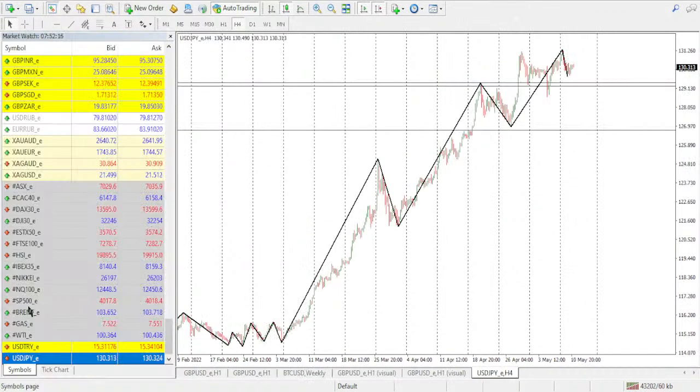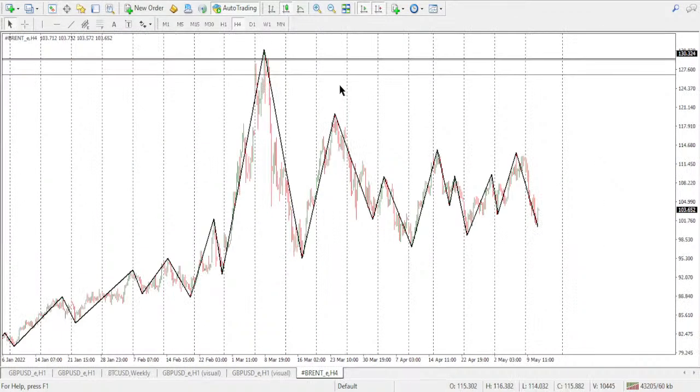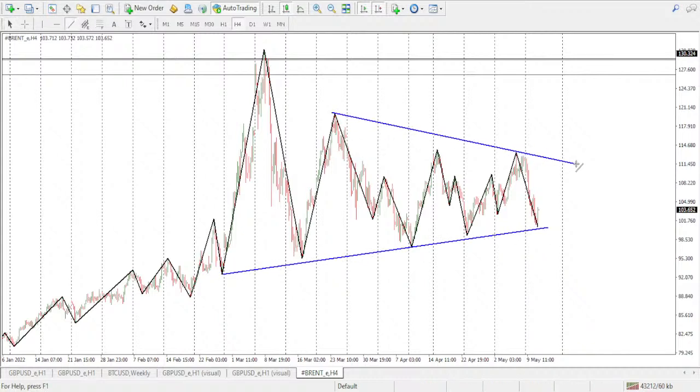My next instrument is Brent oil. So the Brent oil, so far, you remember what I mentioned yesterday, we are within a contracting wedge formation. We have a very good resistance level.